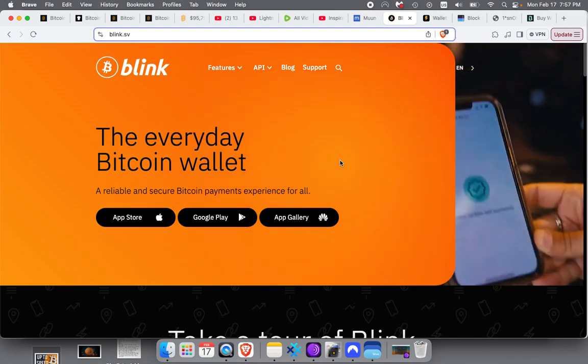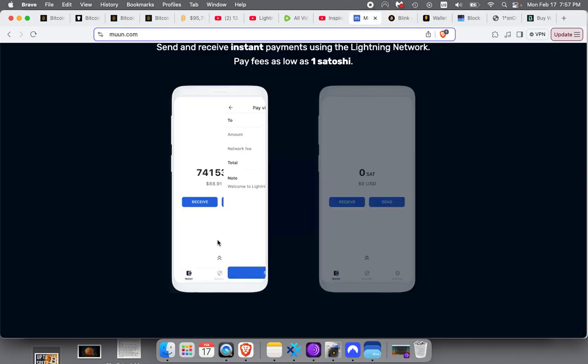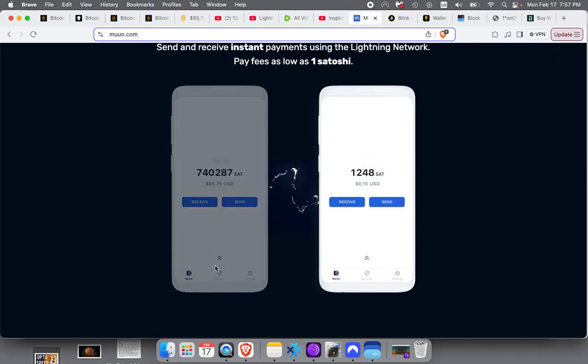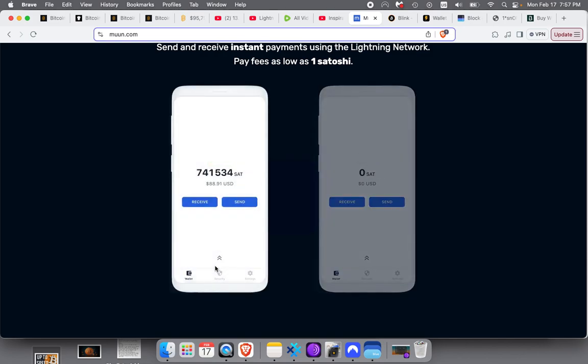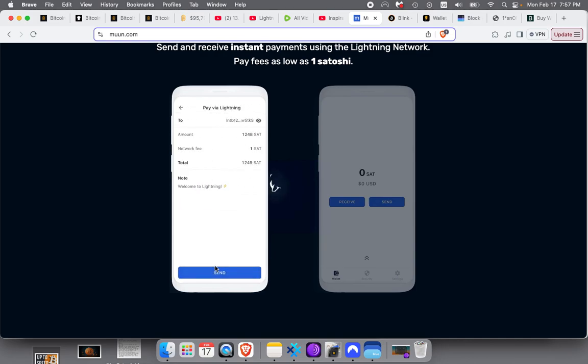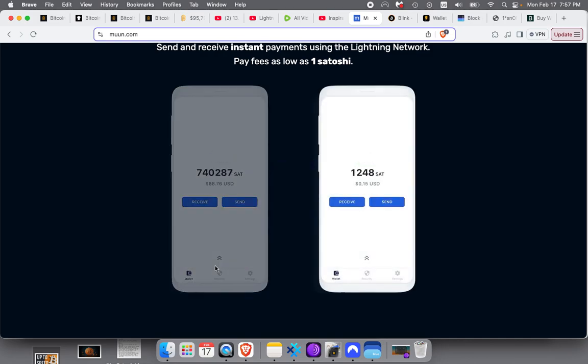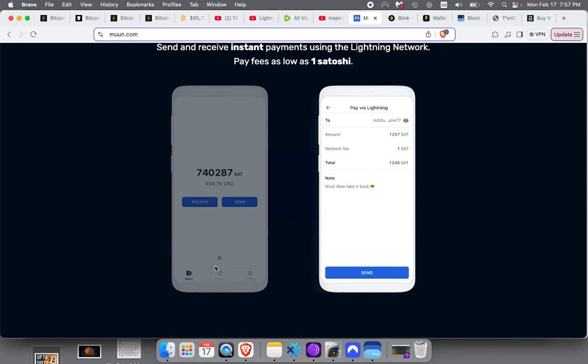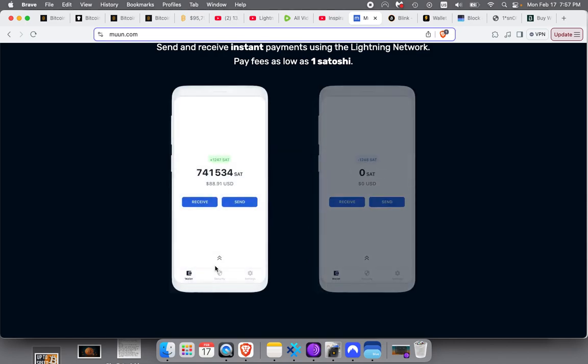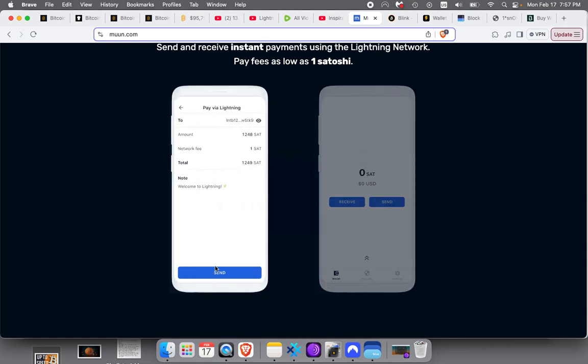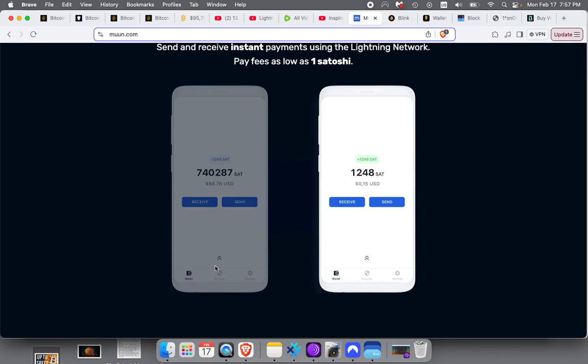So this is what I use. I use Moon, send them some Lightning payment, pay them for what they do. For example, my neighbor helped me with some work. I just pay him over Lightning and it's done, not having to wait for long confirmation times and all the heavy high fees.